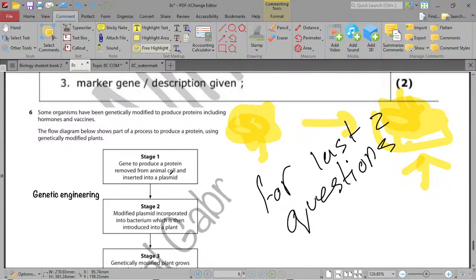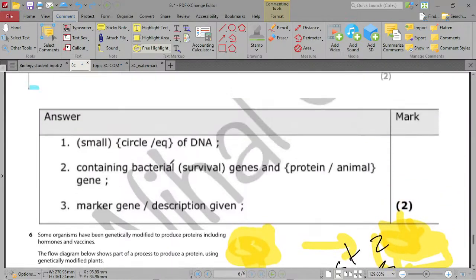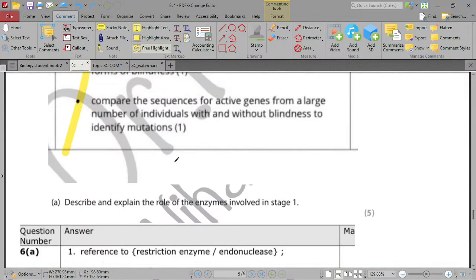Okay, a gene to produce a protein is removed from the animal cell and inserted into a plasmid. So, describe and explain the roles of enzymes involved in stage 1. Yeah, so restriction enzyme is used to isolate or cut the DNA and extract the gene which produces the protein from the animal DNA.